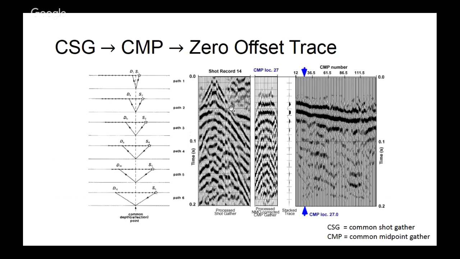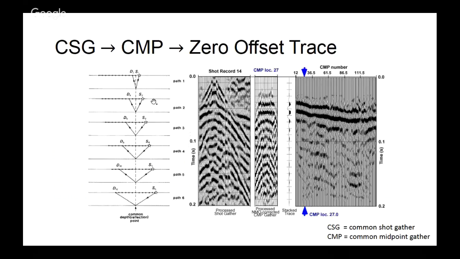And then we translate that into one of these common midpoint gathers, where we look at all of our different shots, and we find all of the different pairs of shots and receivers that share the same reflection point at depth, or the same midpoint.